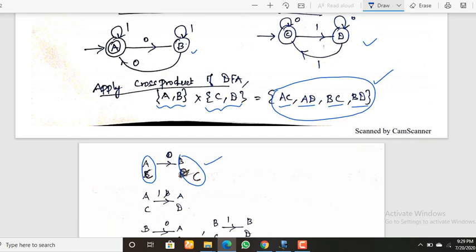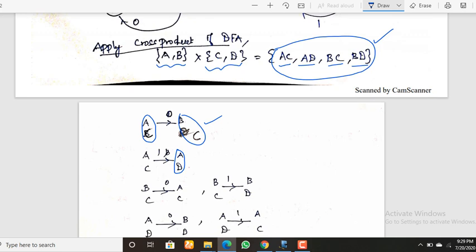This is the way of checking your automata.